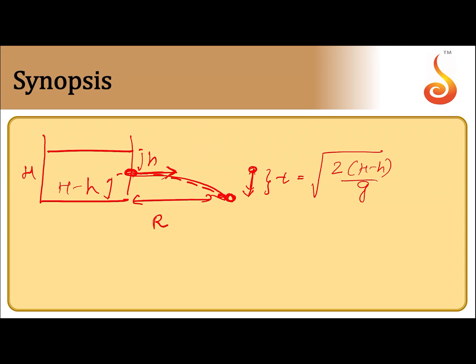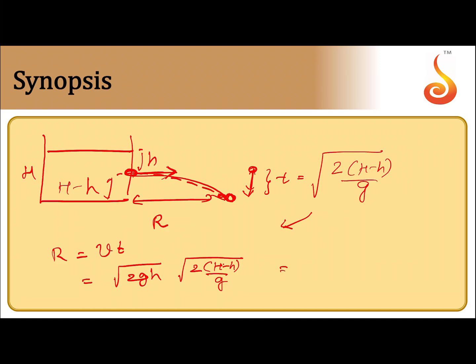And we can also find out the range. Range is equal to velocity into time taken. Velocity is the speed with which it comes out, and that is horizontal, given by square root of 2gh. The time taken is the same for both horizontal and vertical motions, that is square root of 2(H minus h) divided by g.